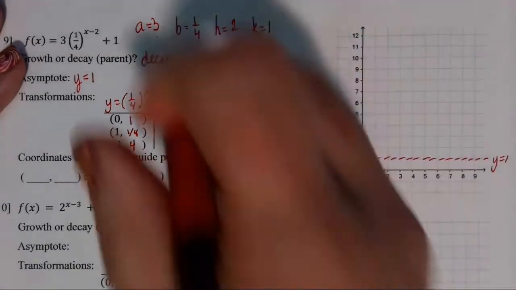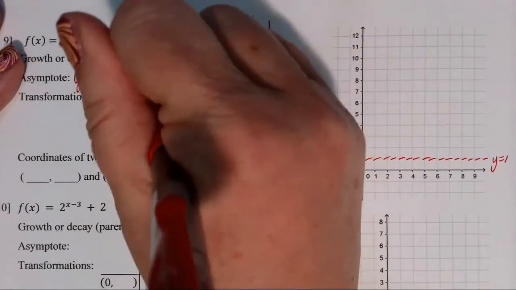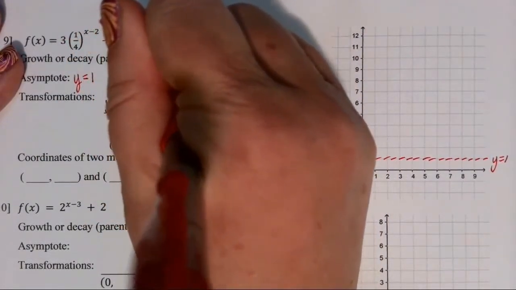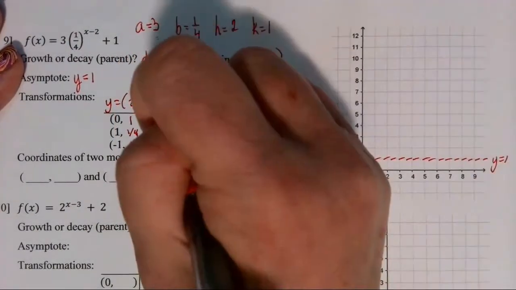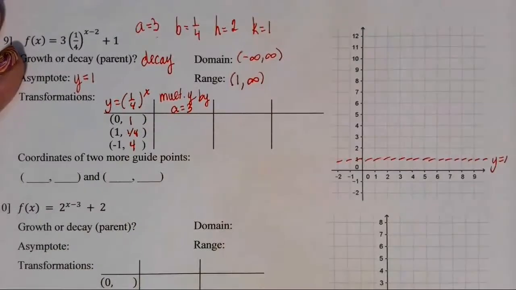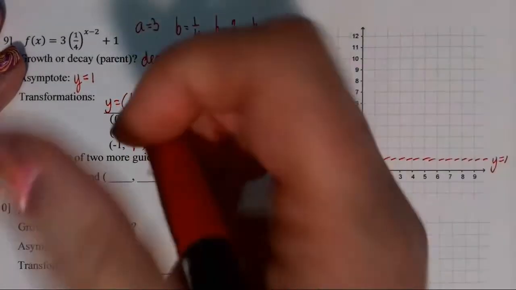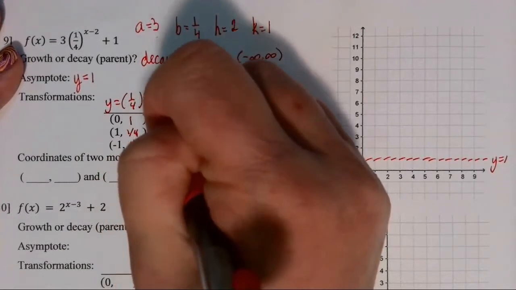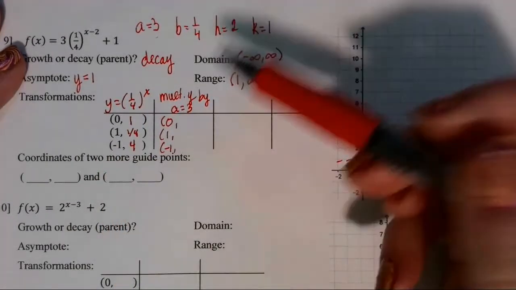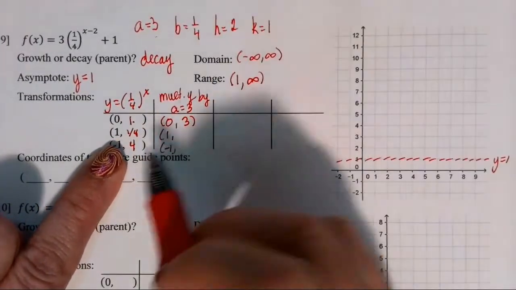Then we're going to multiply the y value by A, which is 3. So our x's all stay the same in those ordered pairs, and then 1 times 3 is 3.